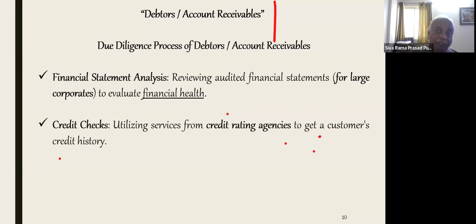Reviewing audited financial statements for large corporates to evaluate the financial health. The financial health position of the company is very much required. Credit checks: utilizing the services of credit rating agencies to get the customer's credit history. Sometimes we analyze the financial statement of the buyer, but at the same time we have to check the rating agencies.